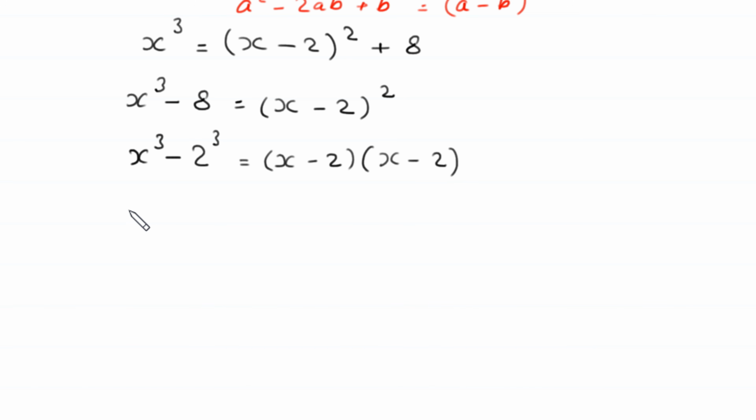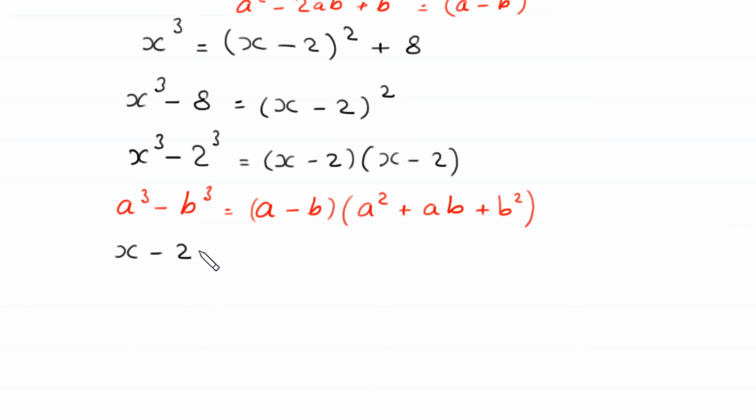Now by using this algebraic identity a cubed minus b cubed is equal to a minus b times a squared plus ab plus b squared, this x cubed minus 2 cubed will become x minus 2 times x squared plus 2 times x plus 2 squared, or 4.